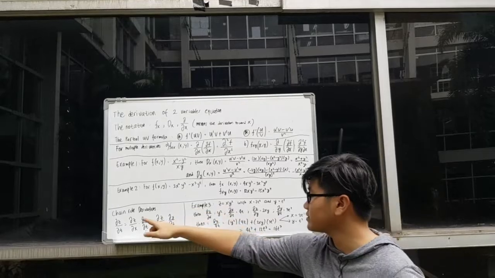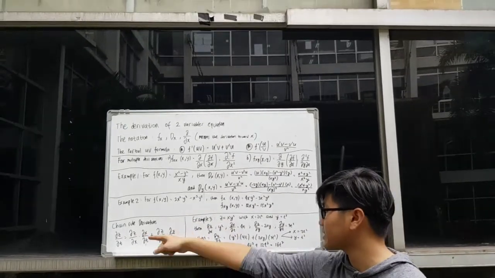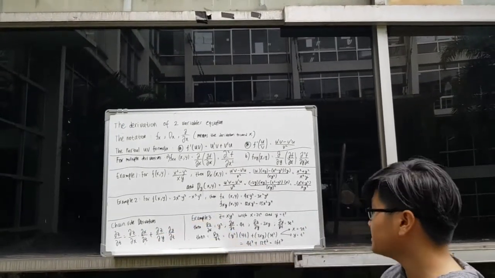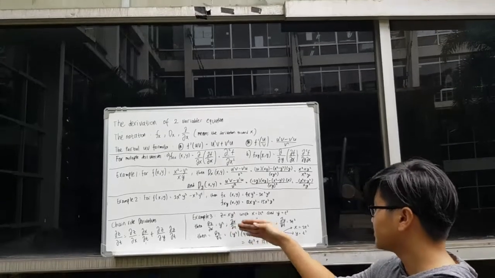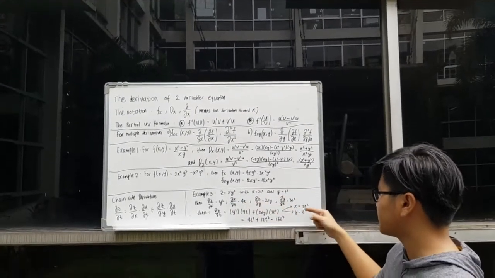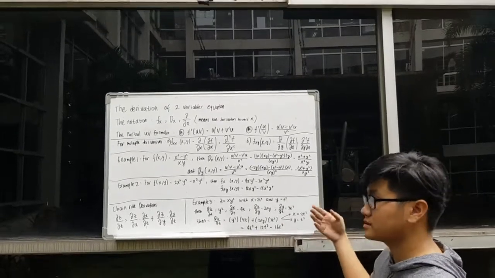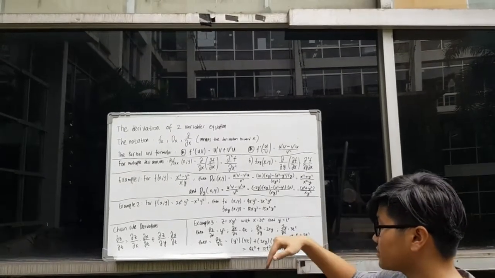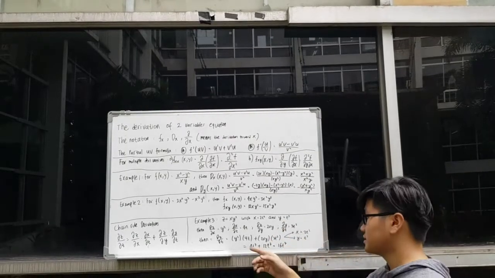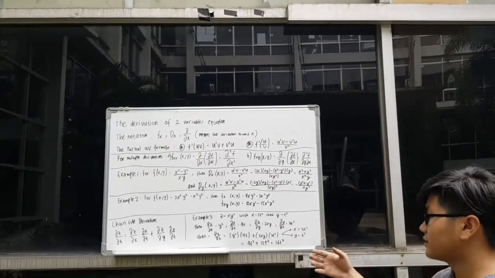We first should find the elements of dz/dt, and then we put them back with x is 2t squared and y is t cubed. We put them back to the t variable. So this is the result.